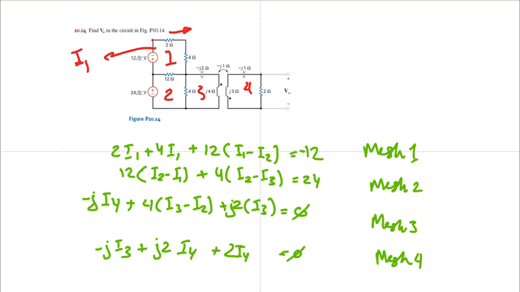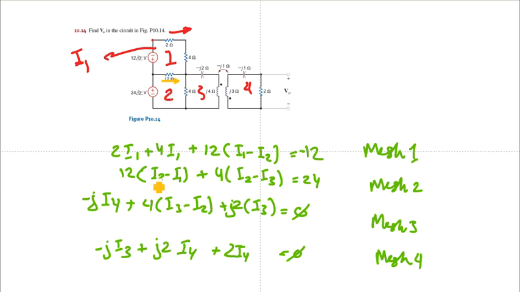Mesh 2, which we're going to do in a different color, let's do it in yellow. We have the current going in this direction. Again, we're going clockwise, and in this case it's just an assumption, so you could say counterclockwise, but since we put negative here first, I assume it's in the opposite direction of I1. So if I1 is moving this way, I2 is moving the other direction.